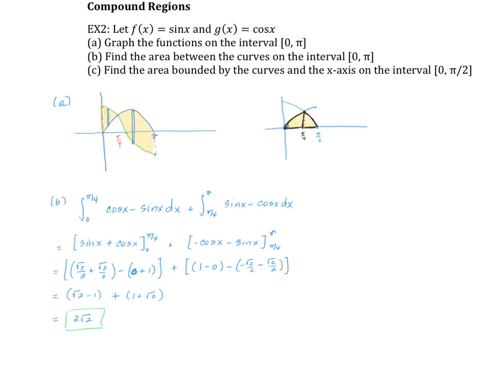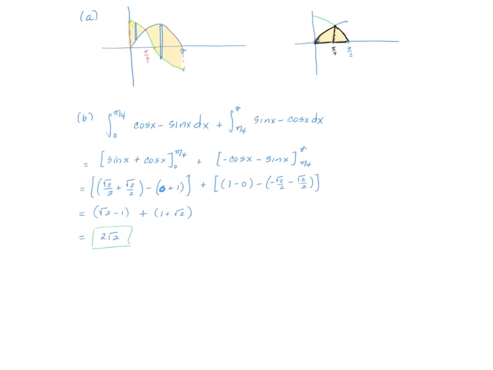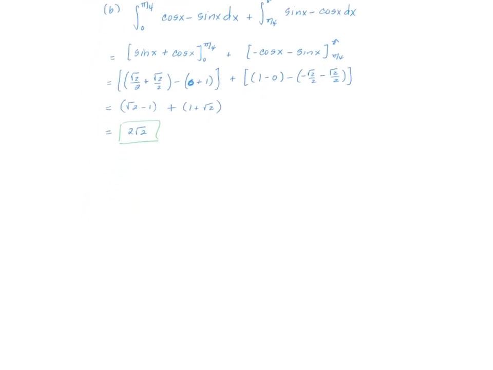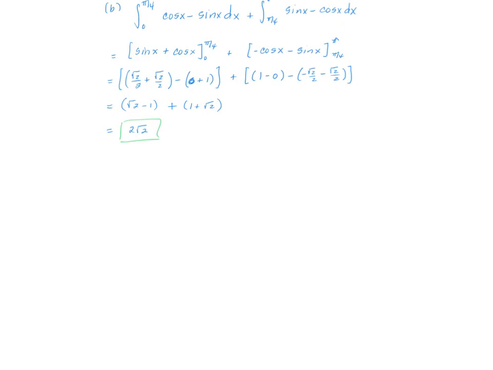I'm going to be breaking this up into two integrals. The first integral goes from 0 to pi over 4, and the second integral goes from pi over 4 to pi over 2. So the integral from 0 to pi over 4 is just sine, plus the integral from pi over 4 to pi over 2 is cosine.